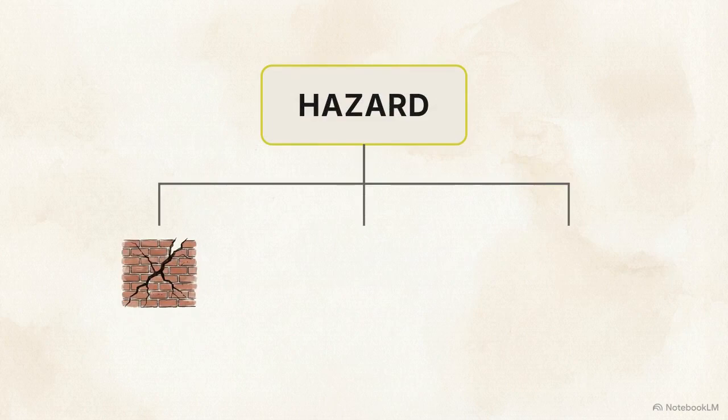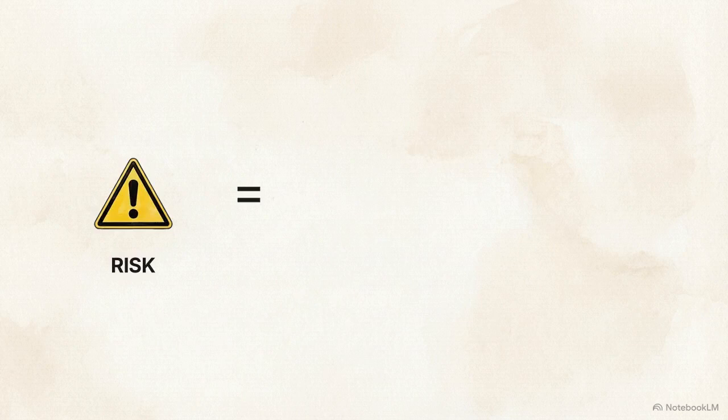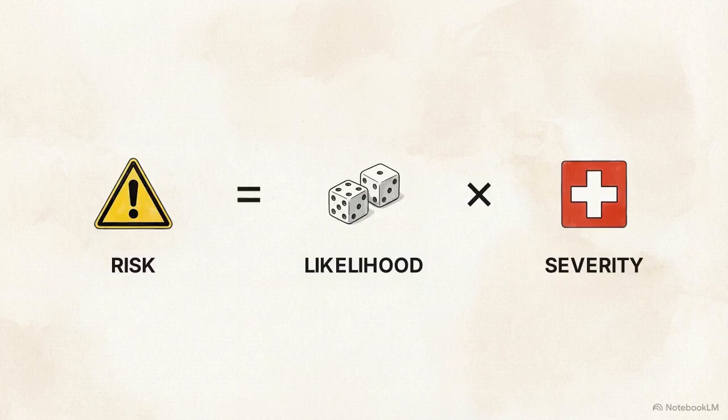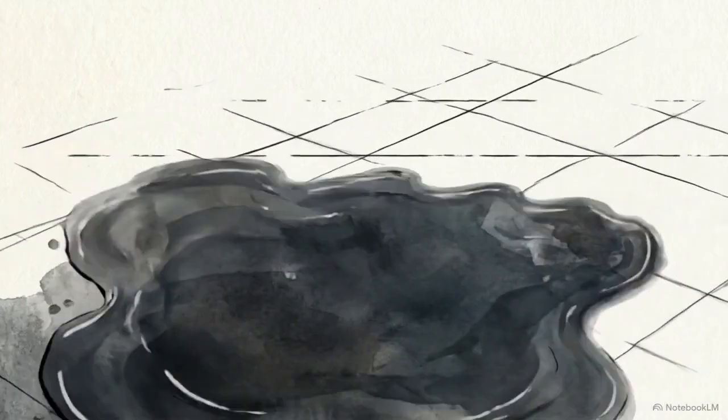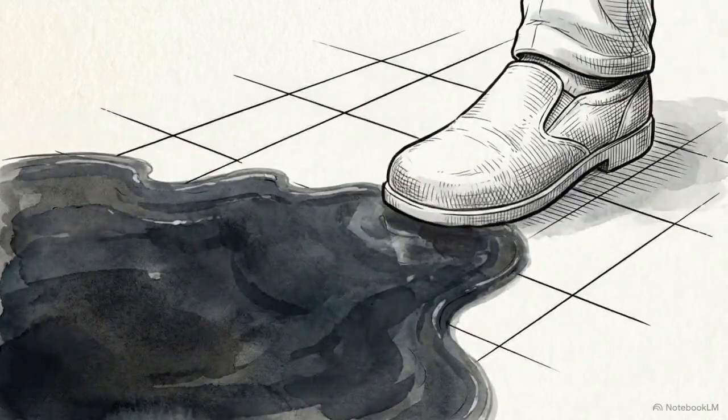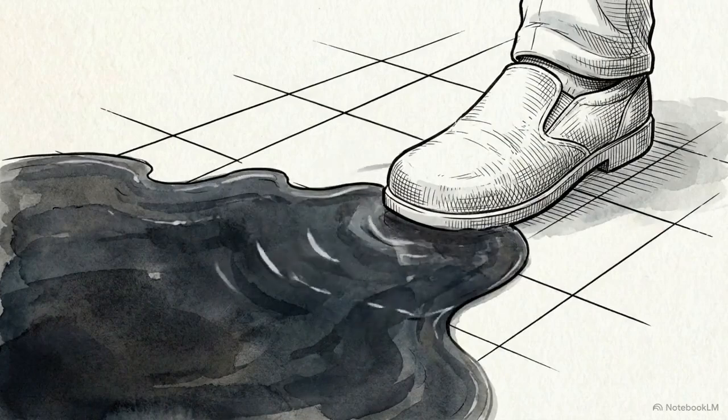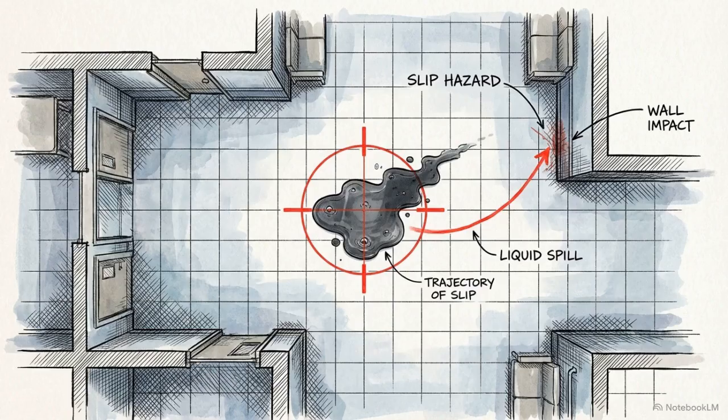It is the physical condition, substance, or object. Risk describes the consequence, the specific combination of how likely the harm is to occur and the severity of the resulting injury. If a bottle of chemical solvent spills on a hospital floor, the pooled liquid represents the hazard. The risk involves the likelihood of a nurse slipping and the severity of their impact against the floor.